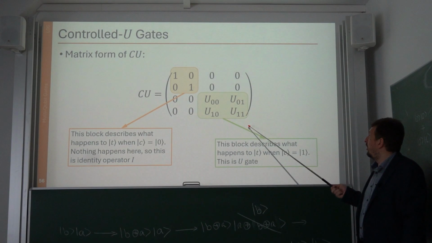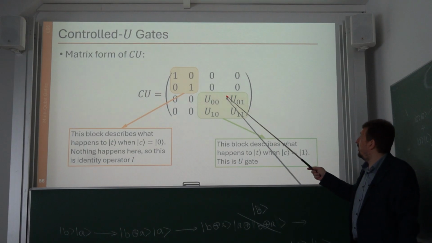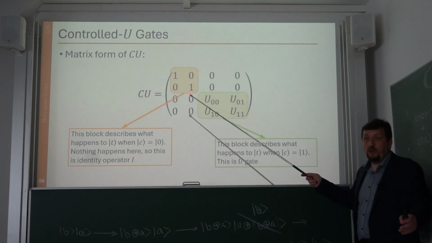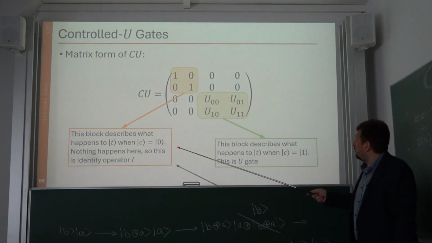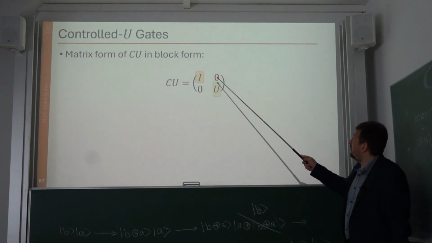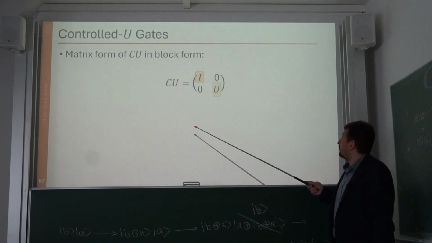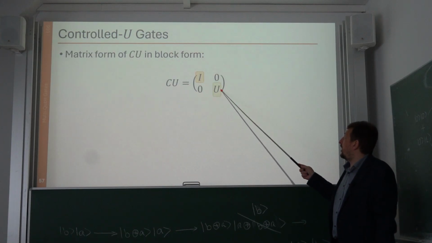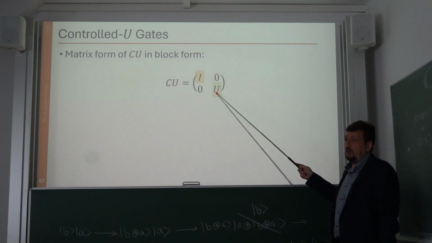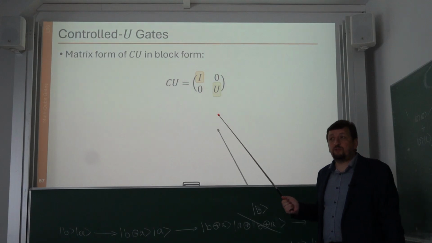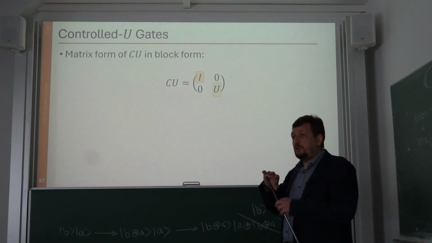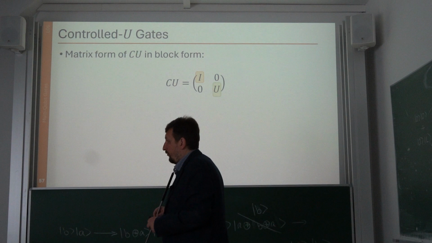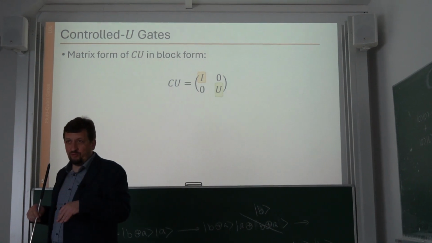So for control NOT, I would have here 0, 1, 1, 0, like the X gate. So in block form, this matrix of a control gate has this nice shape, a block diagonal matrix with the identity and the gate. And so you can immediately write the matrix form of a control gate for any gate.